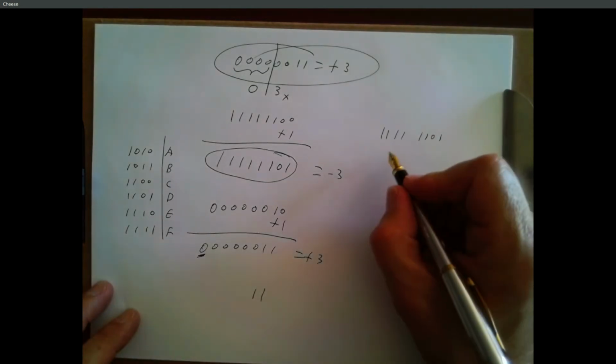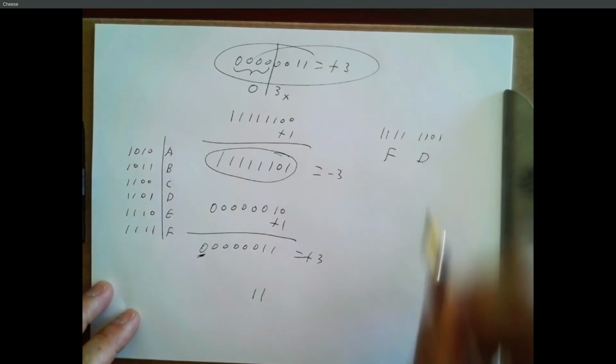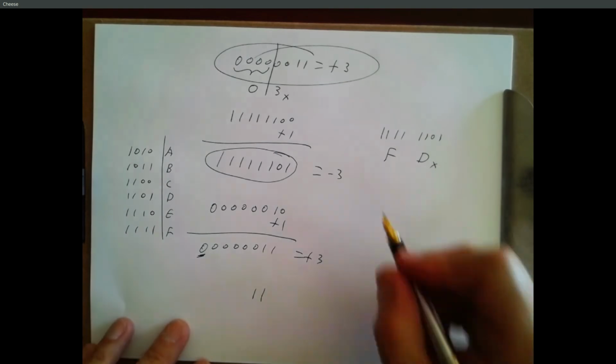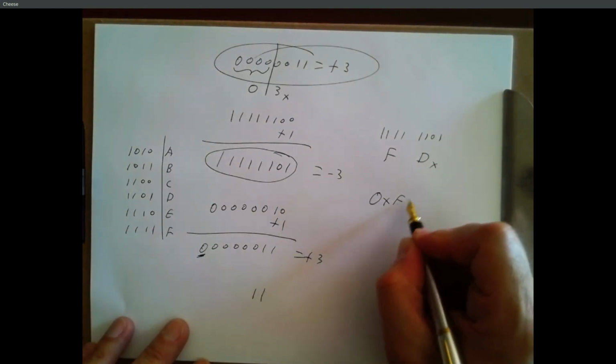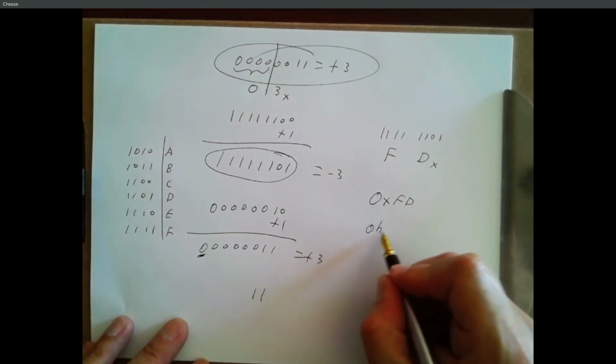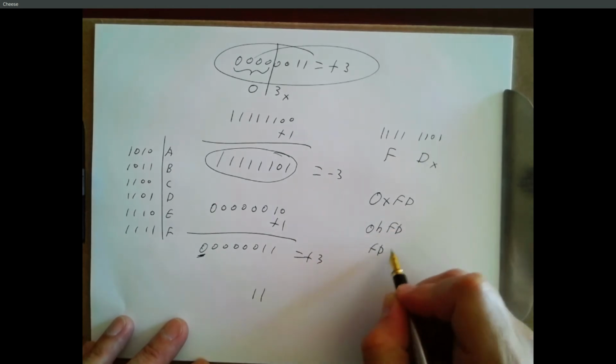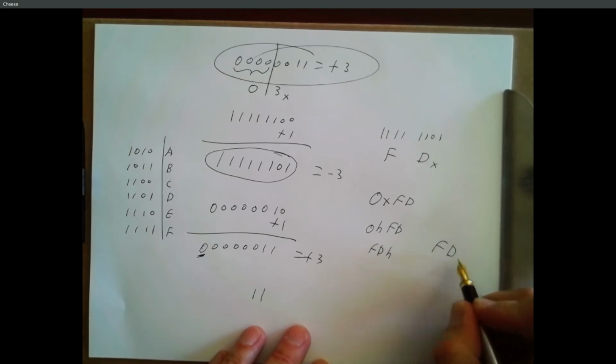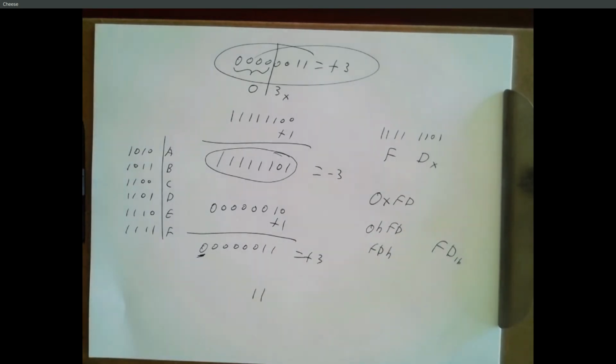So this is going to be F and D in hex. And sometimes we use an X, sometimes you see 0xFD, sometimes you see 0hFD or FDH, or there's all kinds of different notations. You might even see FD with a little 16 on the bottom.